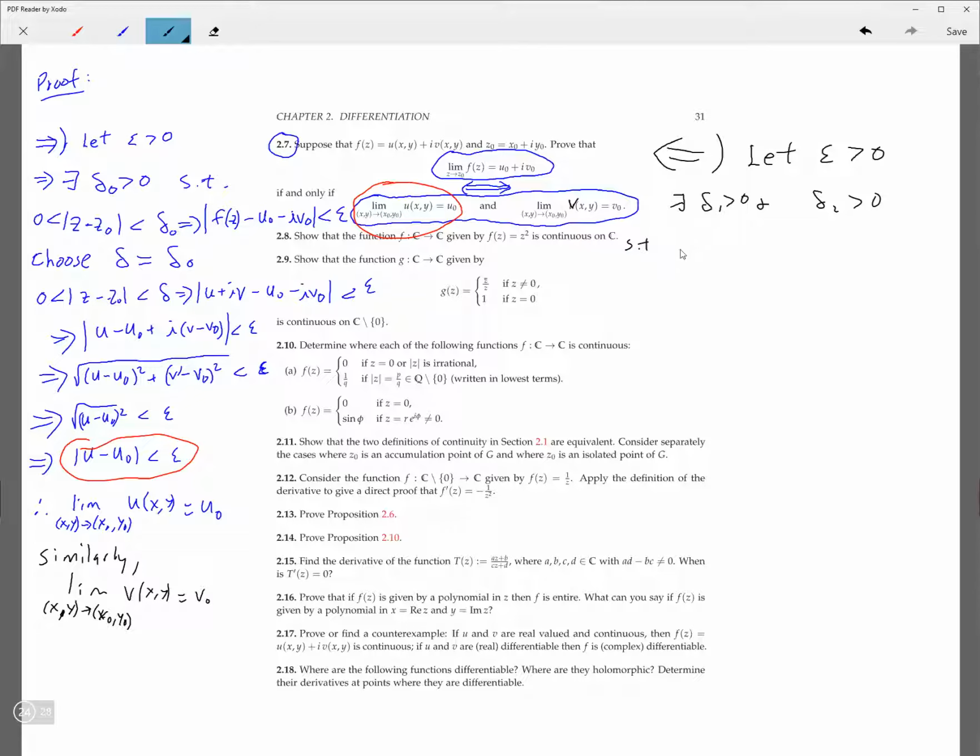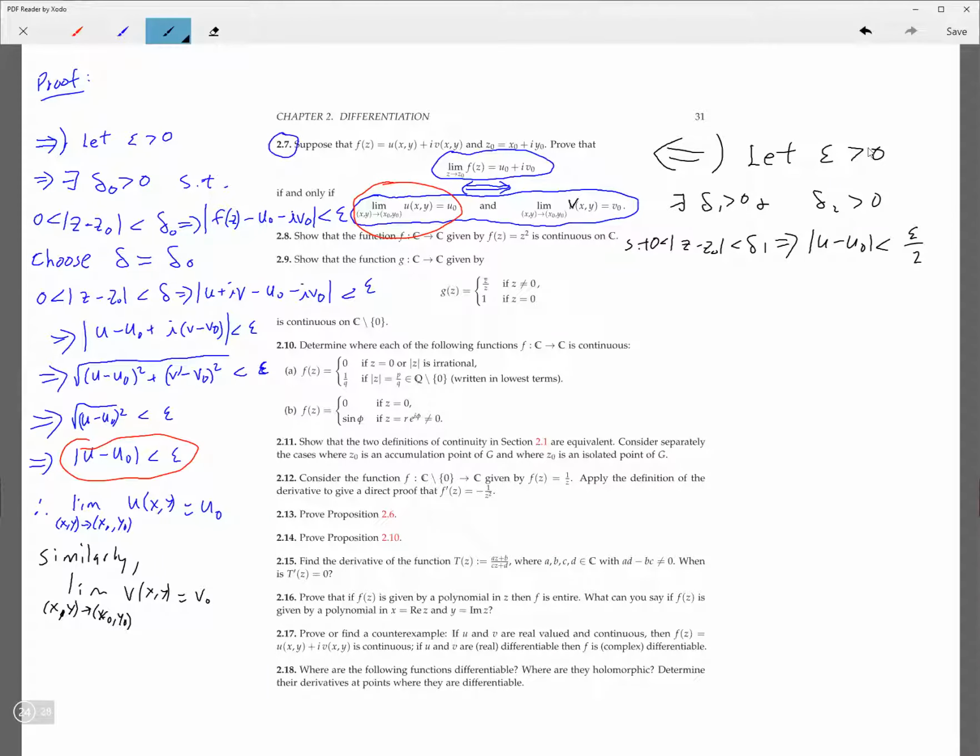Such that, okay, so for the first one, this right here is the same as just saying z minus z naught. That implies that u minus u naught is less than, now, what you're going to do here is go epsilon over 2.